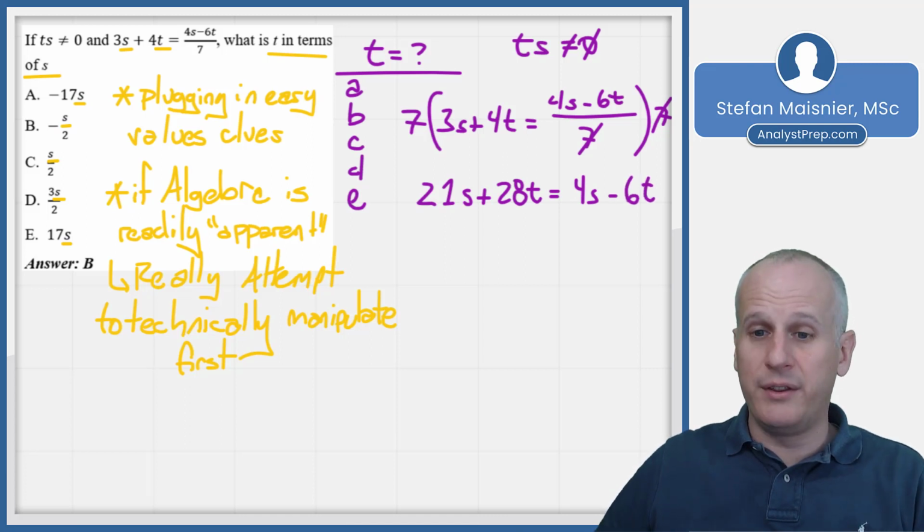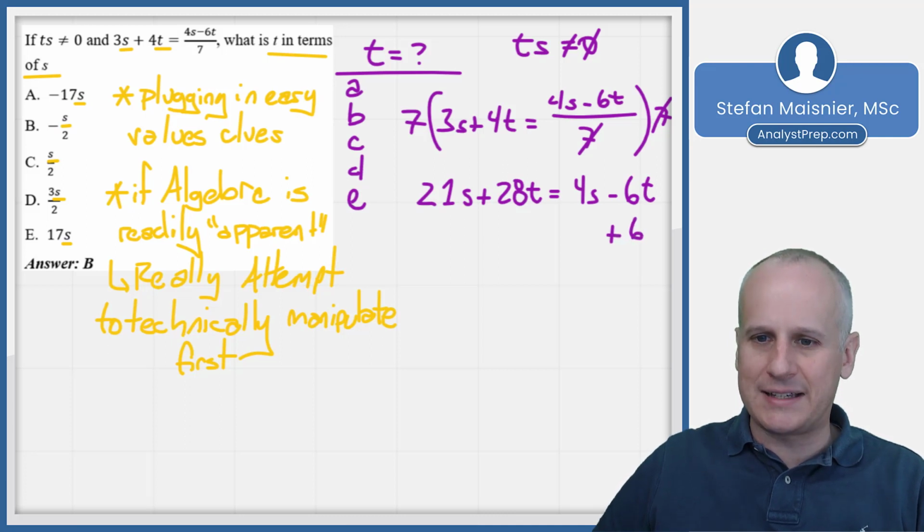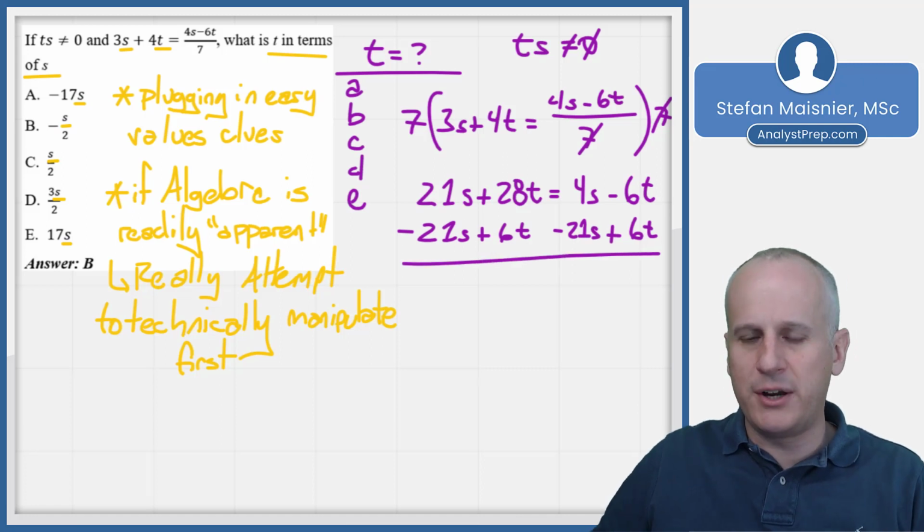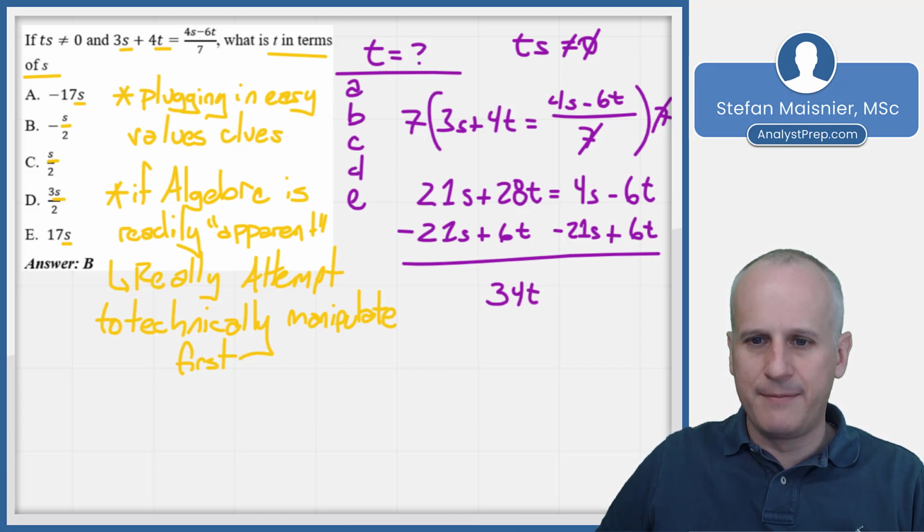Probably don't want to deal with the negative at the outset, so we'll just add 6T to both sides. We'll subtract 21S from both sides to isolate our variables on either side of the equation. So 28 plus 6 gives us 34T, and 4 minus 21 gives us negative 17S.